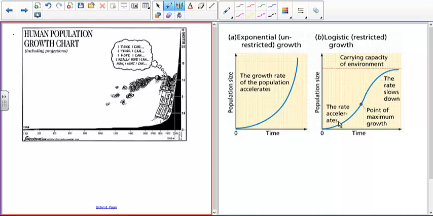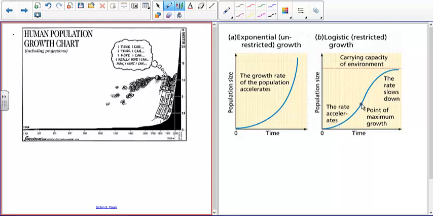So you might think of a deer herd that's introduced to some new environment. Initially there are few deer, and they have essentially unlimited potential for growth because there's no competition for the food.